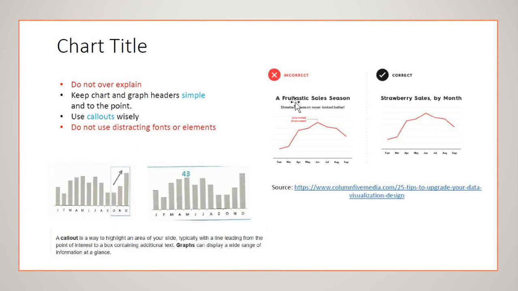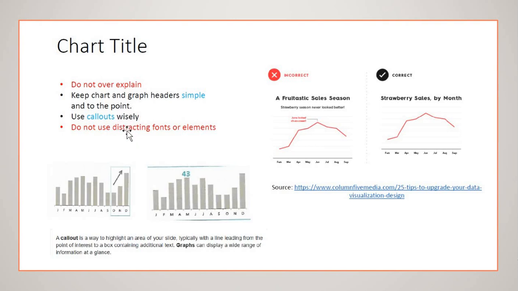Kalau macam ni, orang pun mungkin macam confused. Okay, what are you going to tell, kan? So, yang ni memang simple, tepat dan padat. Okay, orang bila sekali tengok strawberry sales by month, orang dah tahu ini adalah data jualan strawberry mengikut bulan. Okay, berbanding dengan yang ni orang akan confused kejap ataupun they have to think what are you going to tell. Okay, keep chart and graph header simple and to the point, direct to the point.